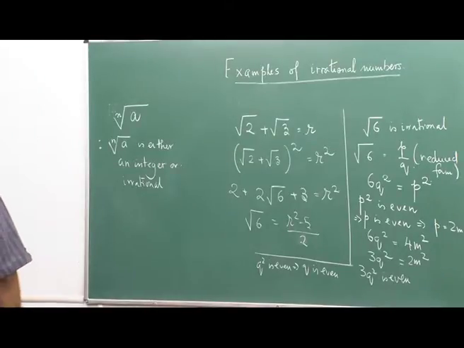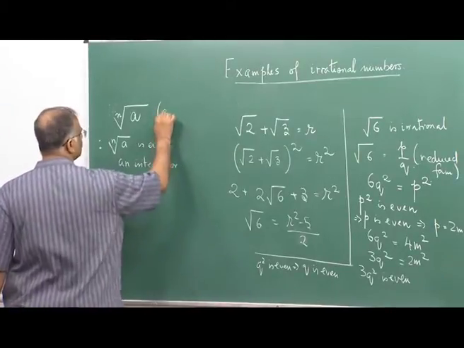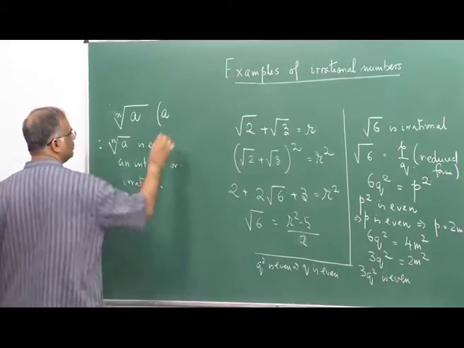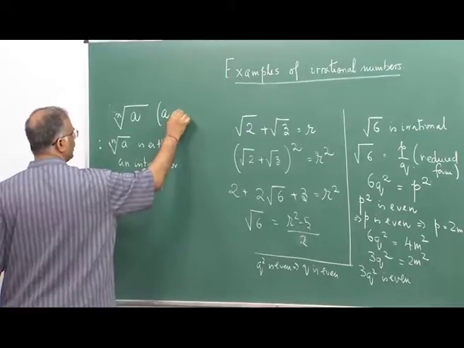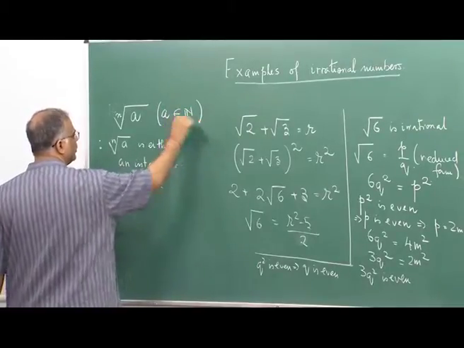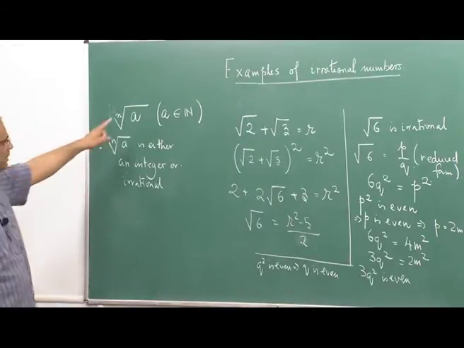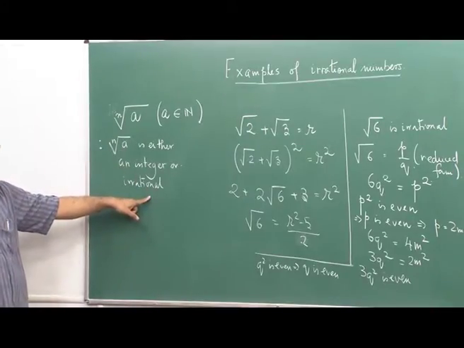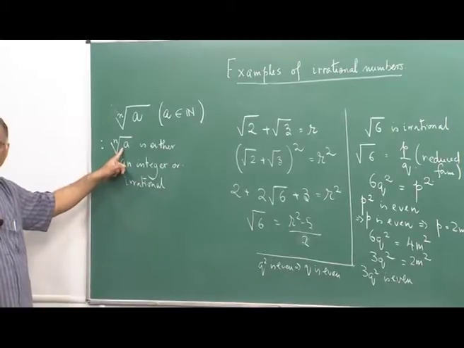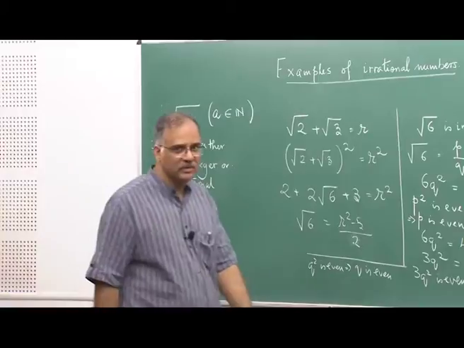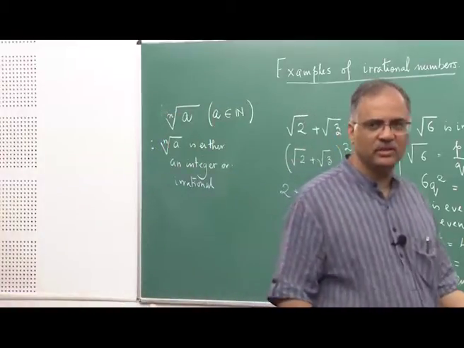So, a possibly is an integer. So, when is this an irrational number? The interesting thing is that this is either an integer or irrational. It is never in the fractional form. That is a very interesting question, but how do you actually prove that?